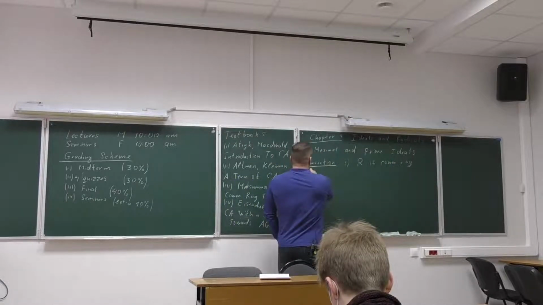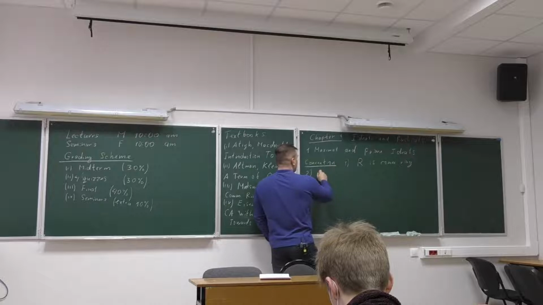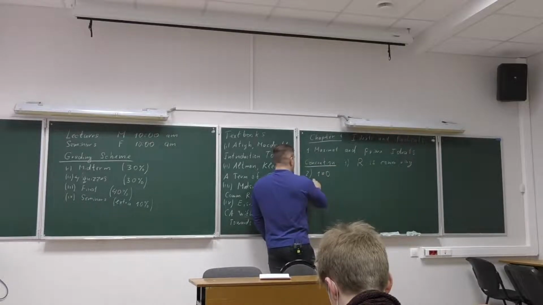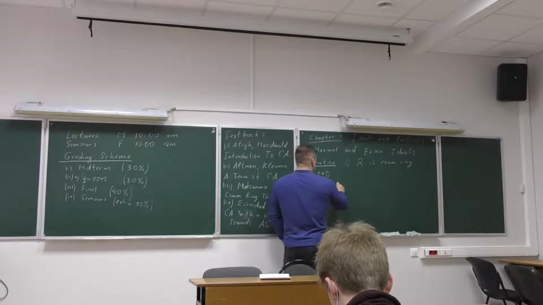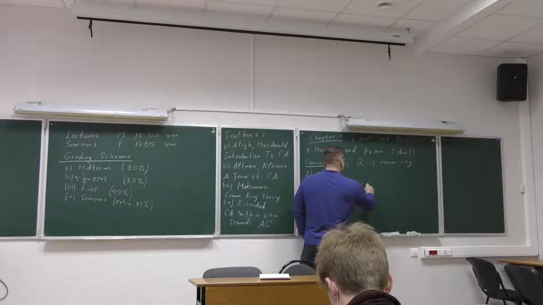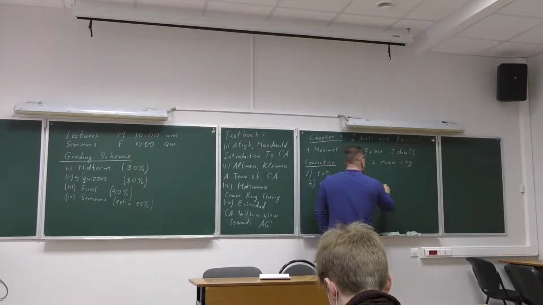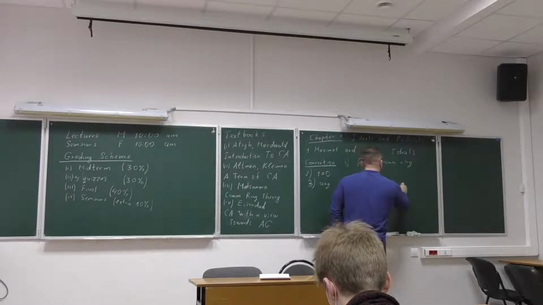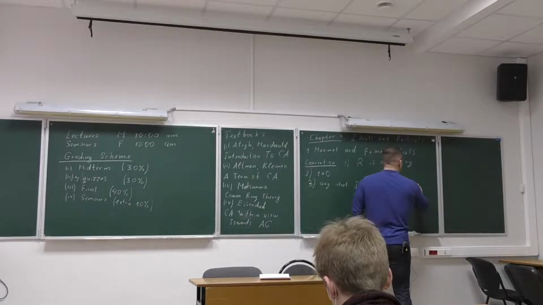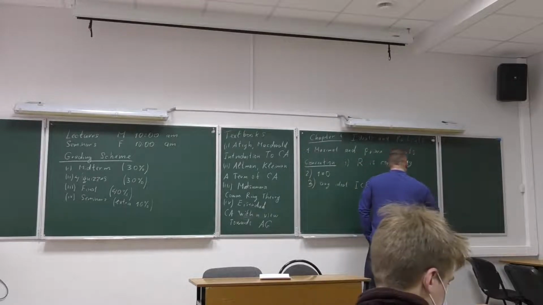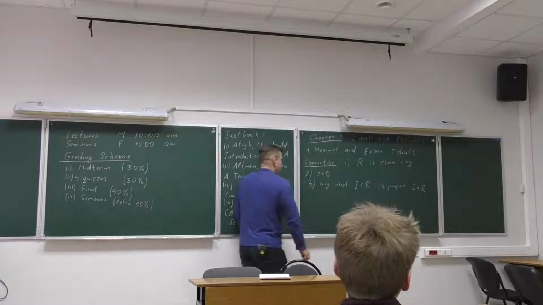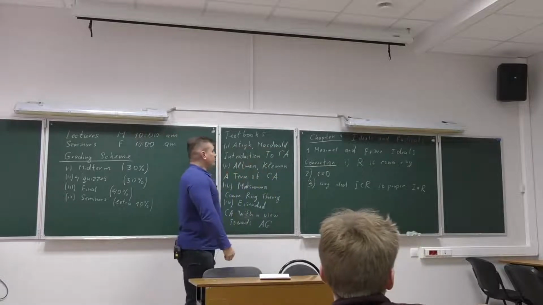So in this commutative ring, I assume that, well, R is not 0, so 1 is not equal to 0. And 3, any ideal I in the ring R is proper, meaning that I is not equal to R. Okay, just 3, I would say, quite natural conventions.